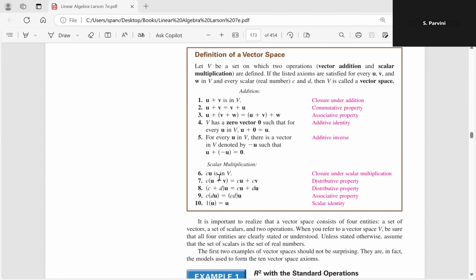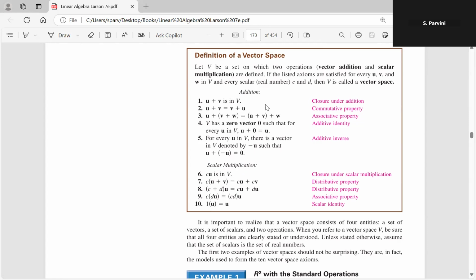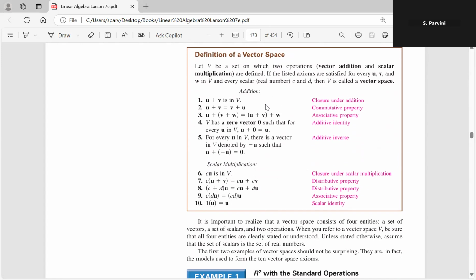The latter 5 were scalar multiplication. There you go, scalar multiplication and addition, the standard operations. So any set that has these 10, we're going to call them axioms now, we call it a vector space. And the objects that are in this set, by the way, are vectors. Okay, so here is the definition of a vector space.